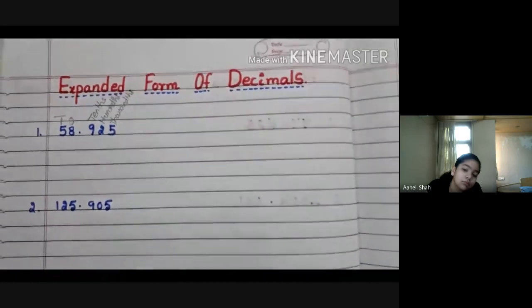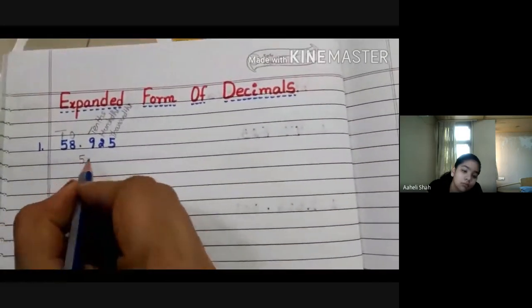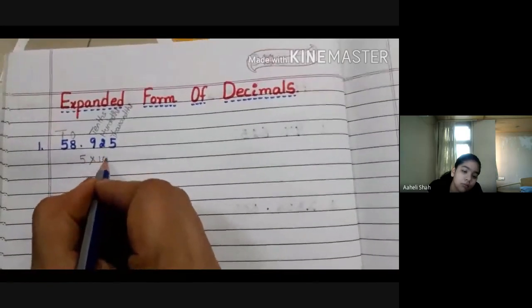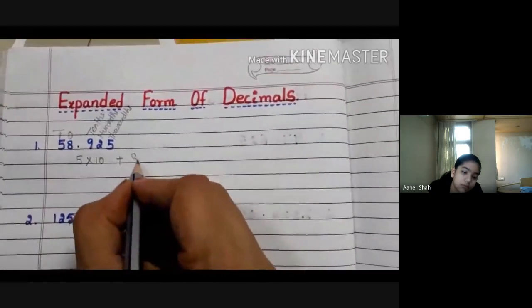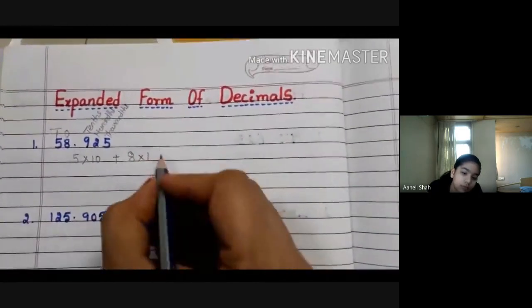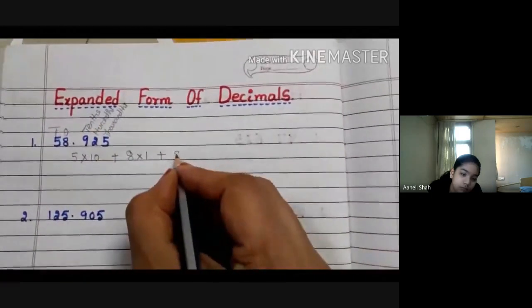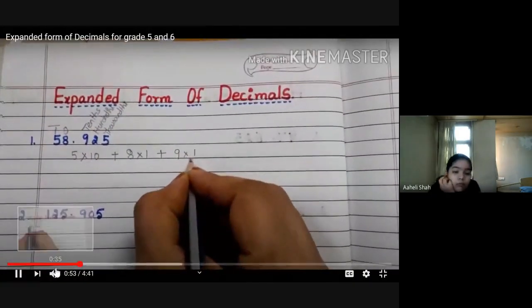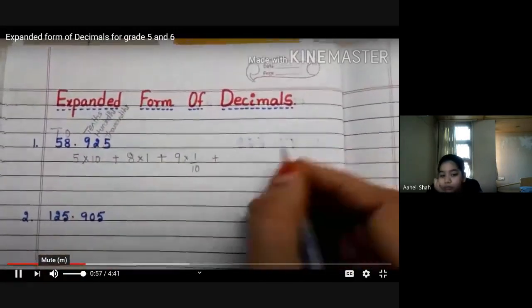Now, let us write the expanded form. See, 5 is in tens place, right? So, 5 into 10 plus 8 is in ones place, so 8 into 1 plus 9 is in tenths place, so 9 into 1 by 10 plus 2 is in hundredths place.